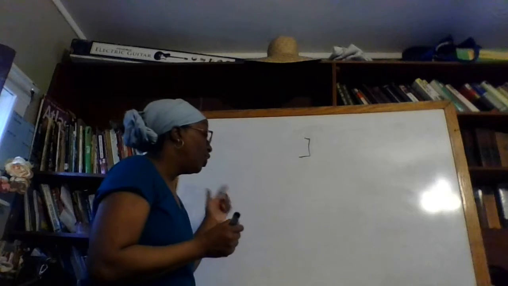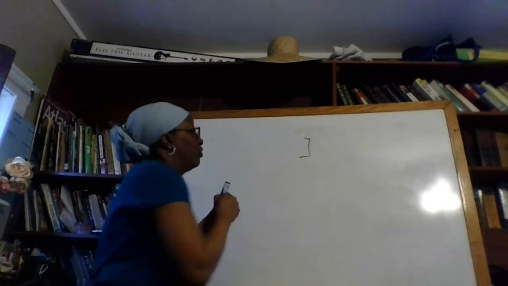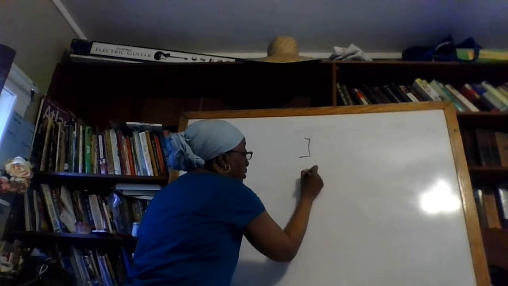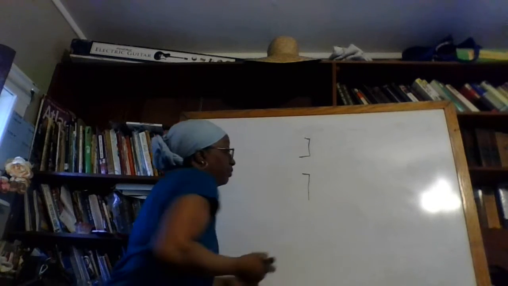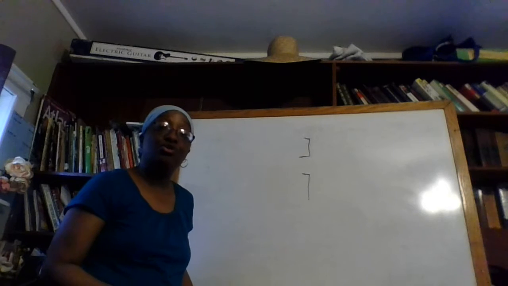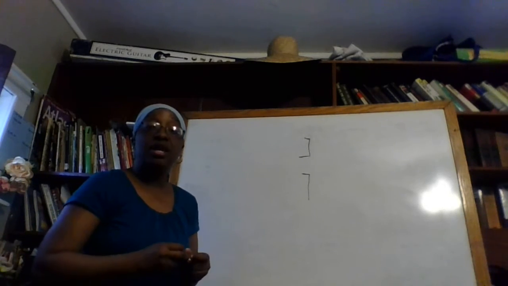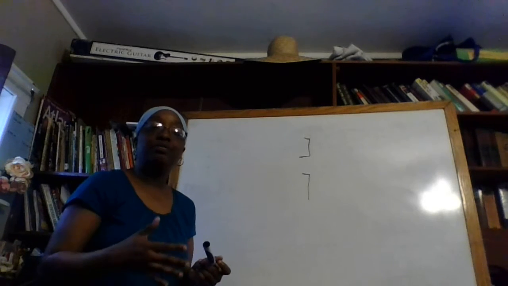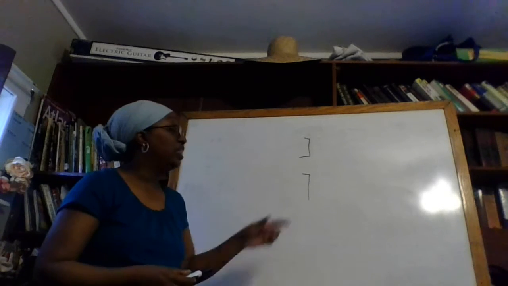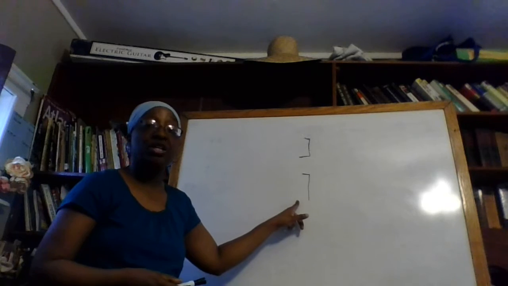Noon also has a final form, the noon sofit. It makes the same sound as the noon, n. The only difference is if a word needs an N sound at the end of it in Hebrew, then this is the form that would be used at the end of the word.